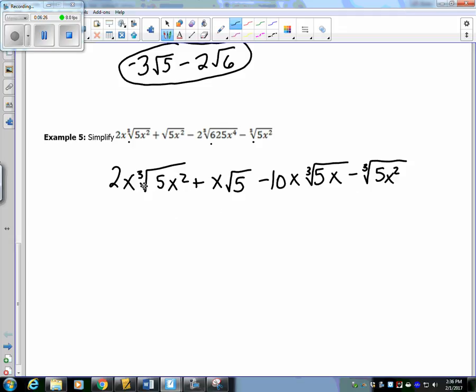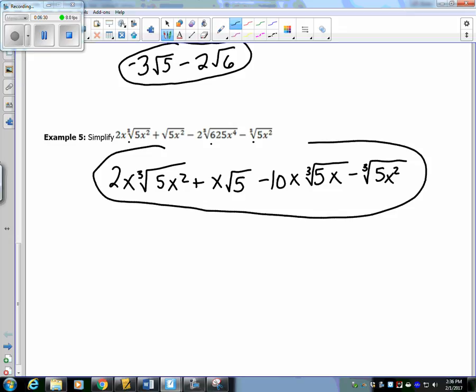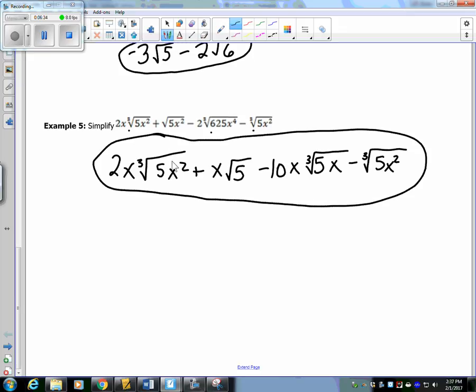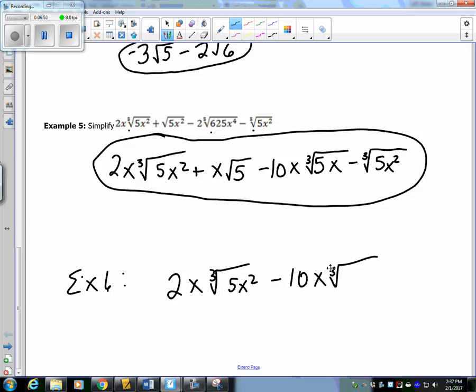So what I was saying was, let's just say, example 6, if I had 2x cube root of 5x squared, and I was subtracting 10x cube root of 5x squared, then they would be like terms.